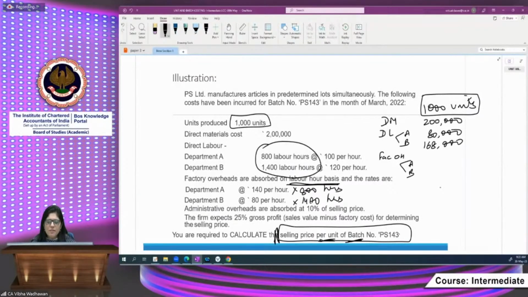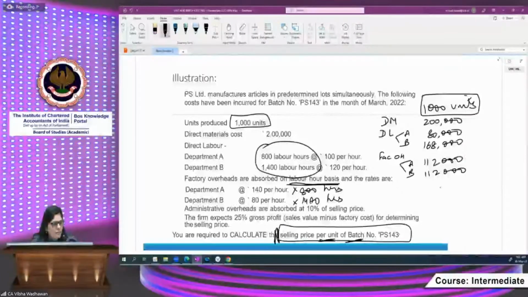Can you tell me the factory overheads for A and B? So 140 into 800 comes to 1,12,000, and 1,400 into 80 again 1,12,000. I hope it's correct. So these are the factory overheads you have got. Clear?